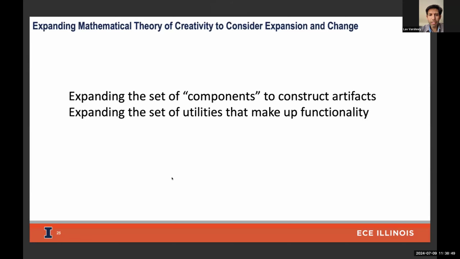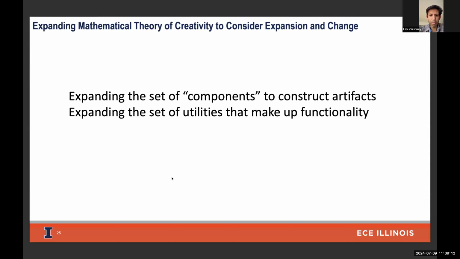Right, so we can think of considering expansion, so expanding the set of components to construct artifacts. For example, if you discover a new culinary ingredient, you have a whole set of new recipes you can make. But even more interestingly, you can expand the set of utilities that make up functionality, because functionality is not just a monolith.